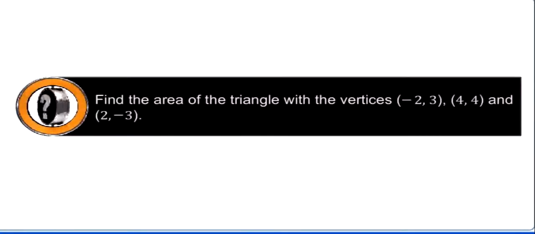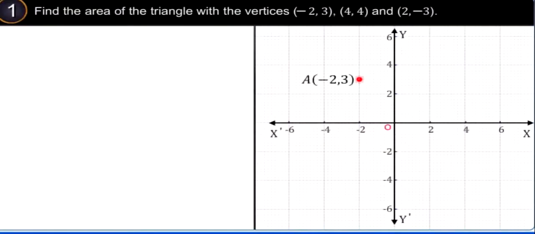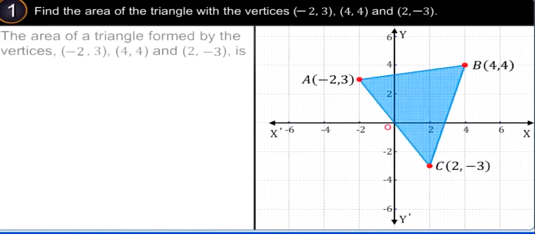Let's use this formula to calculate the area of the triangle when its three vertices are -2, 3, 4, 4, and 2, -3. In terms of a determinant, the area of the triangle formed by the given vertices can be written as shown.